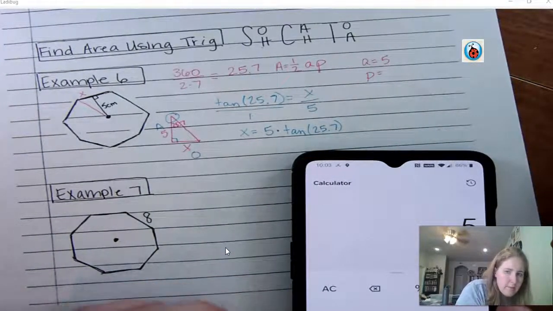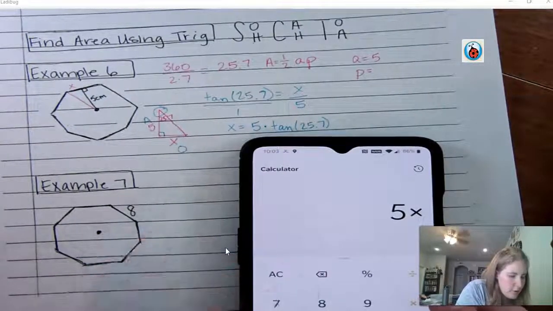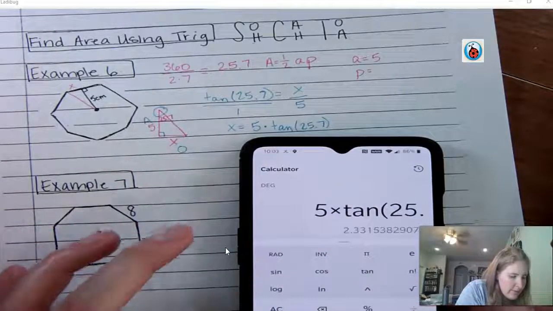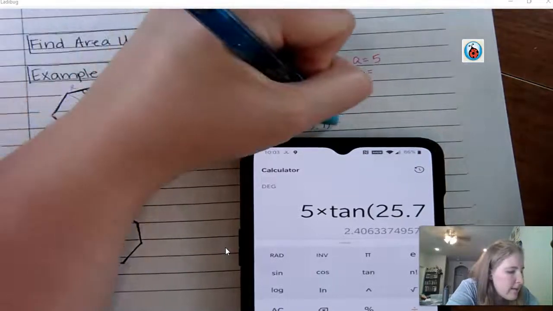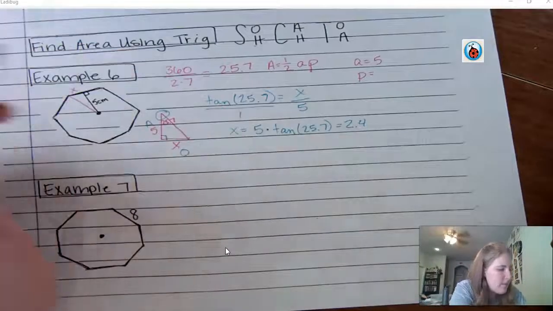I'm going to round this to the nearest tenth. So 2.4 is going to be what x equals.